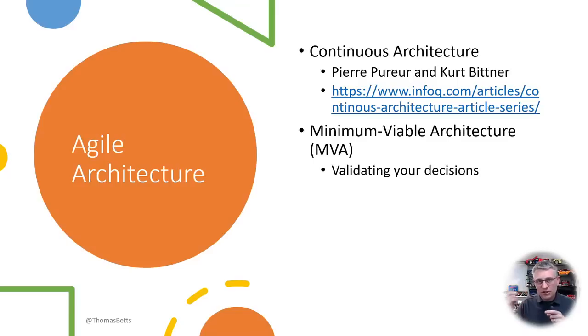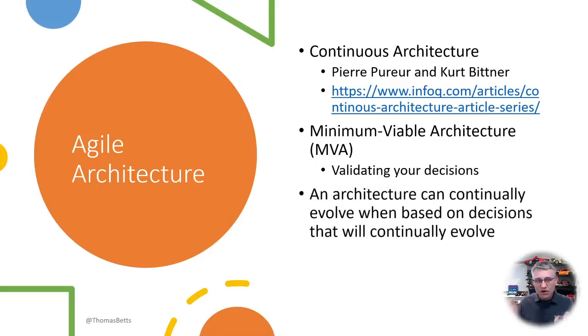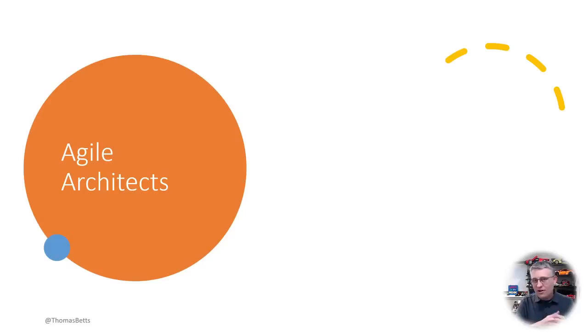Later, when your software has been adopted and you have new scalability concerns or different user requirements, you can now revisit those decisions and make new ones. The MVA allows you to validate your decisions and see how they perform in the real world. That means the architecture can continually evolve because it's based on decisions that we expect to continually evolve. So that's agile architecture.